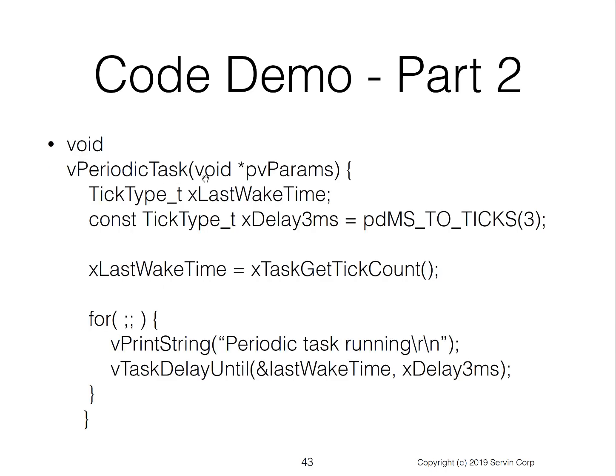The periodic task, on the other hand, will still print out that the periodic task is running, but then we're going to delay the wait time plus whatever our delay is, in this case 3 milliseconds. When we delay, we'll enter the blocked state, and that will allow the lower priority task to run.